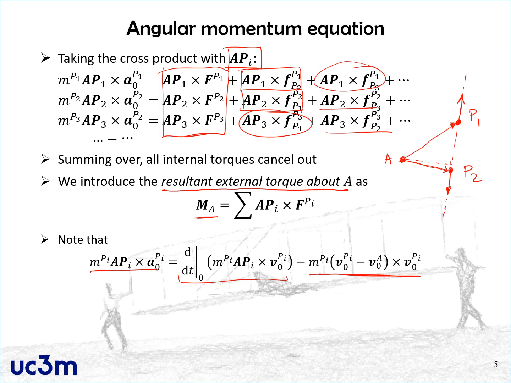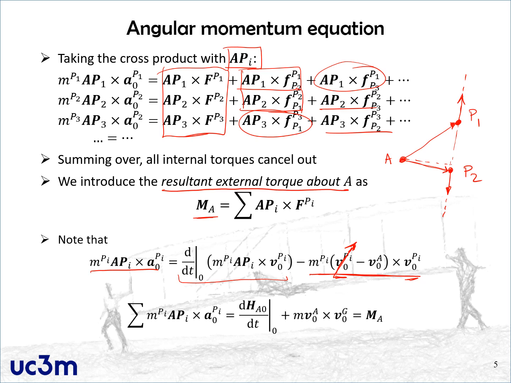Of course, in this new term we have the velocity of Pi crossed with the velocity of Pi. Since this is a cross product, this is not going to contribute to this result. This is exactly the same as we did in the lecture on point particles. We also apply this transformation to write down the equation of the angular momentum.